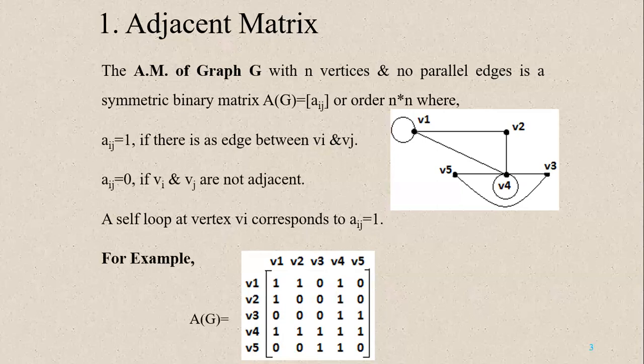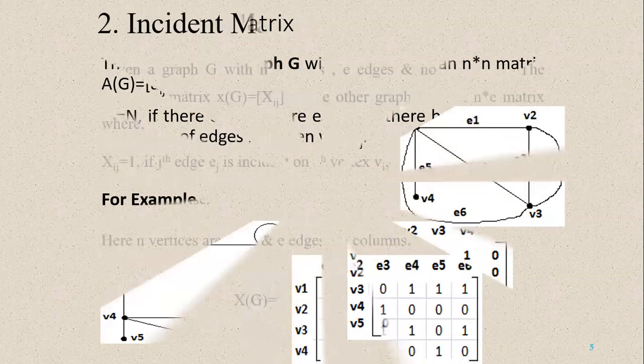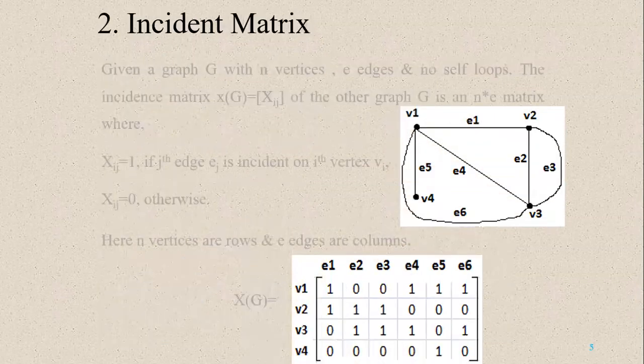Next is the incidence matrix. What is the incidence matrix? Similar to the adjacency matrix, but one or two concepts are different.